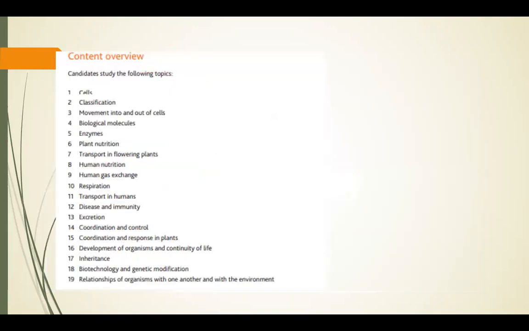So this is your content overview. How many chapters do you have? You have 19 chapters in your syllabus. And this includes from the cell till the relationship of organisms with one another and their environment. It includes all the biological systems, including respiration, transport in human, digestive system, then your coordination, that includes nervous system, diseases, different types of diseases, and how well your immunity works.